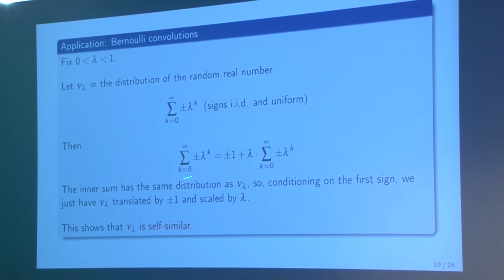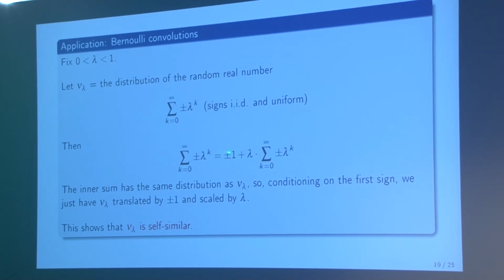And now if you write this power series with you take out the first term, plus minus 1, and then you write it as plus lambda times the original series. Well, it's not the original series because these signs are independent of this sign, right? These are the shifted signs. These are the signs that started at index 1 here.